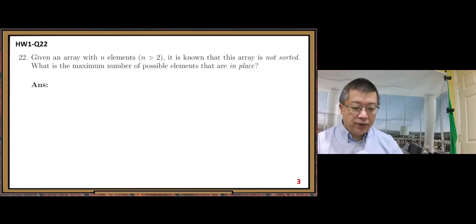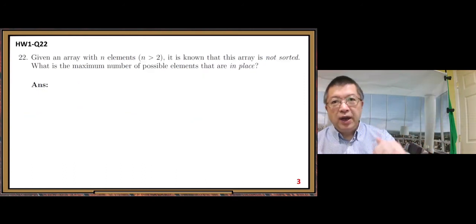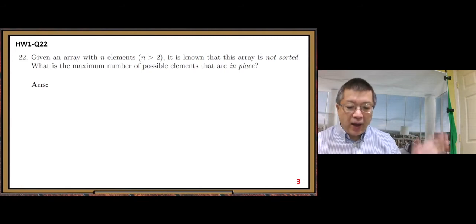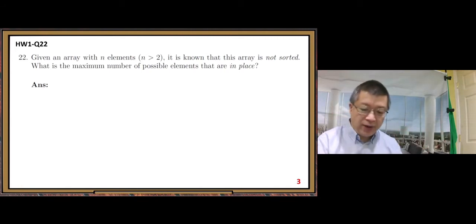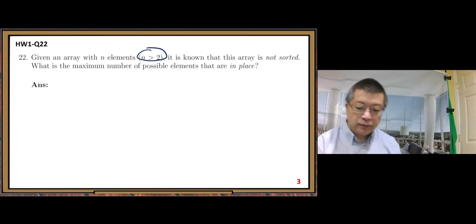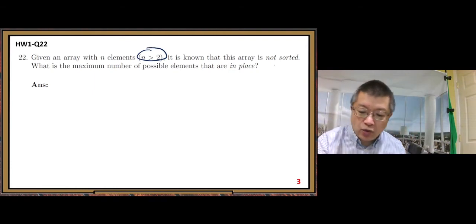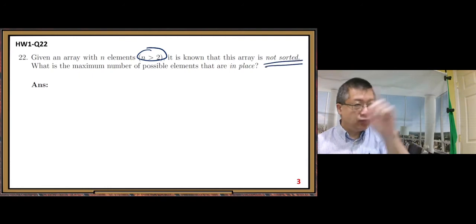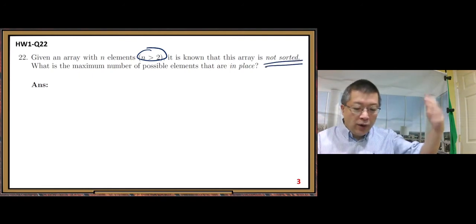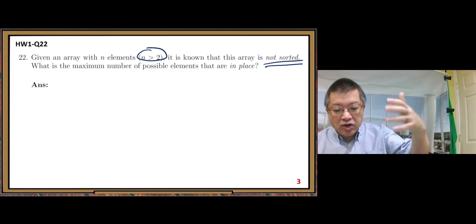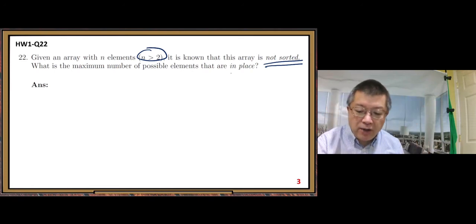Question number 22: given an array with n elements, n greater than 2. It is known that this array is not sorted. What is the maximum possible number of elements that are in place?